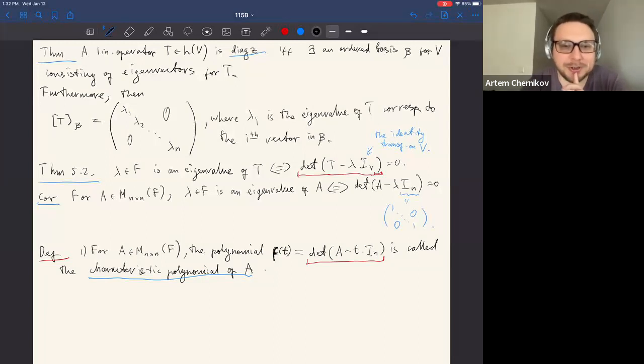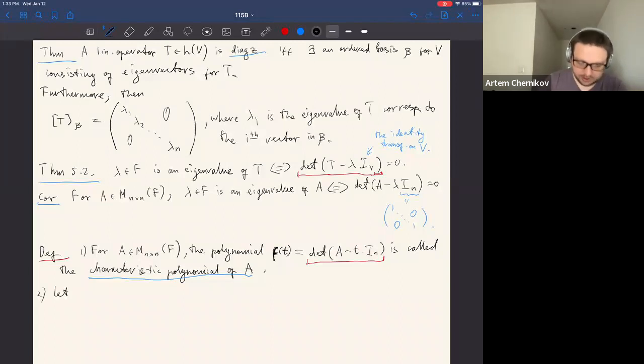Okay, so this is the definition of a characteristic polynomial of a matrix. Now, analogously, we can define a characteristic polynomial of a linear transformation. This is part 2.